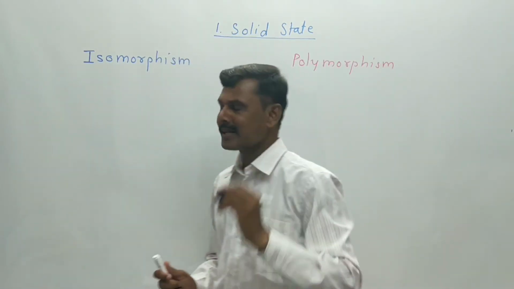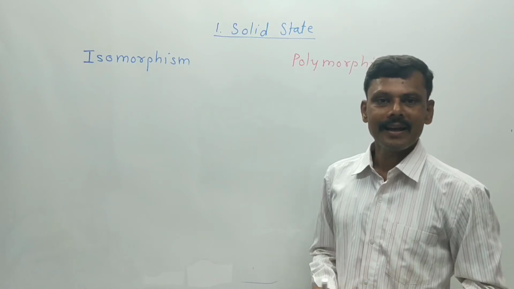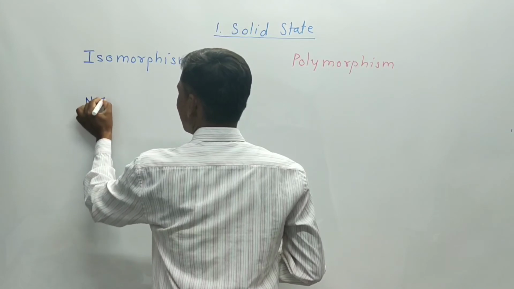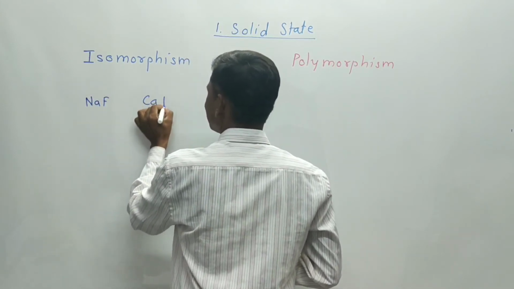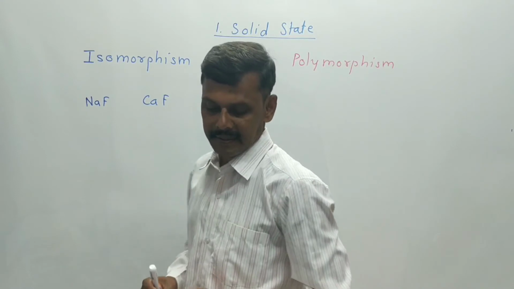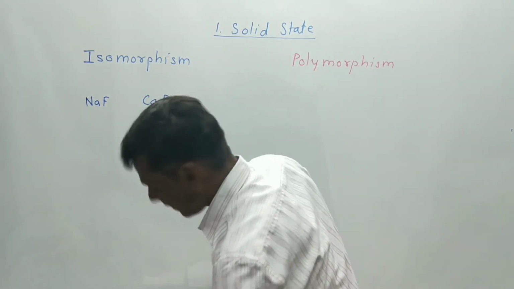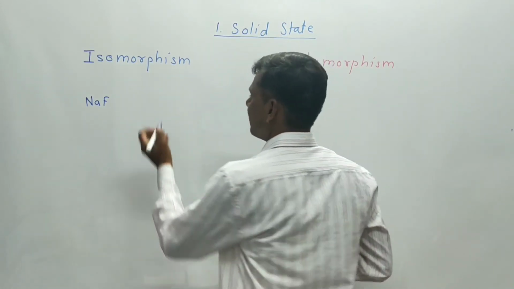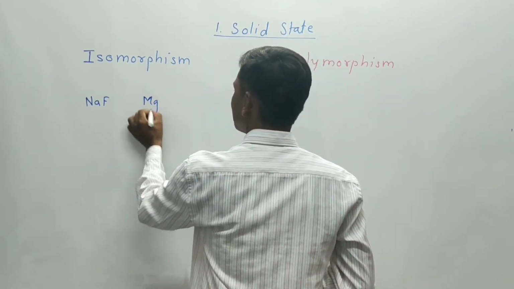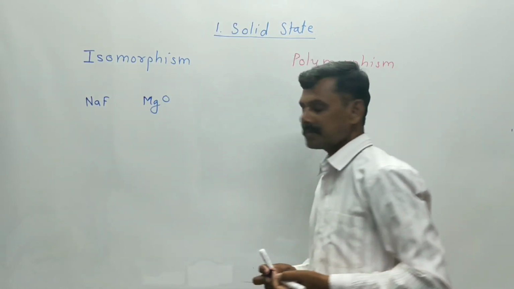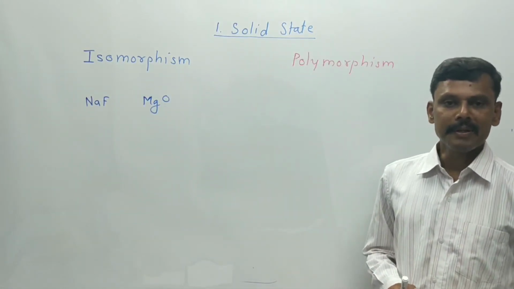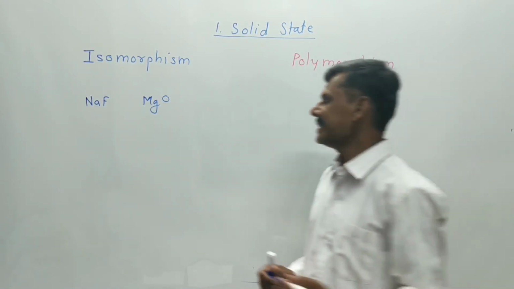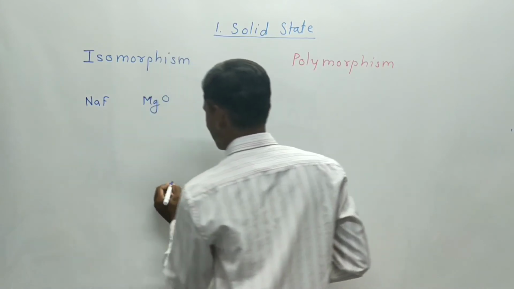So to understand this, let us take an example. NaF and CaF, or we can take an example of magnesium oxide. Different atoms are there. Now in this example, these two substances, they have same structure.